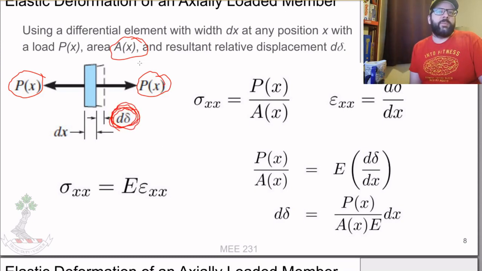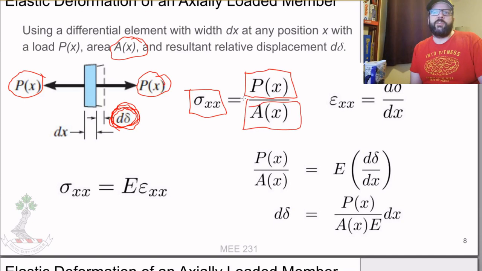So we've got this equilibrium situation going on. We've got this little bit of stretching here. So we know that our stress is just going to be the load at that cross-section divided by the area at that cross-section. And then we've got our strain here.